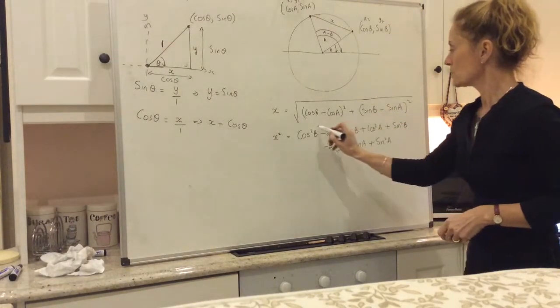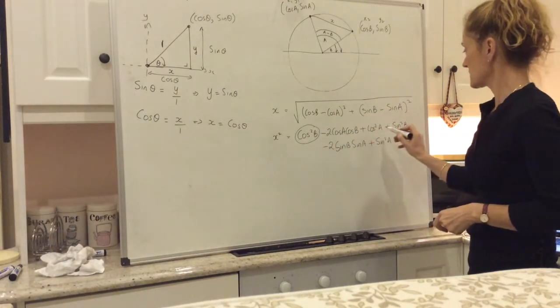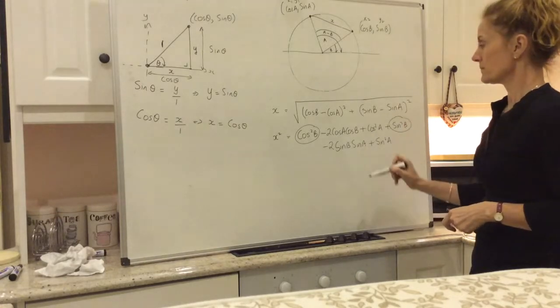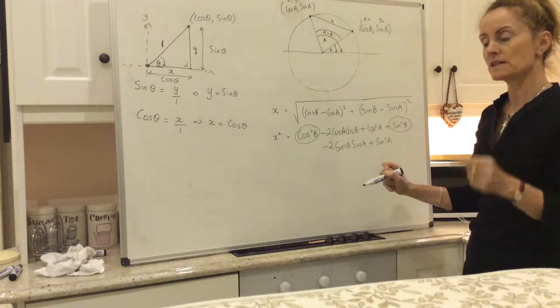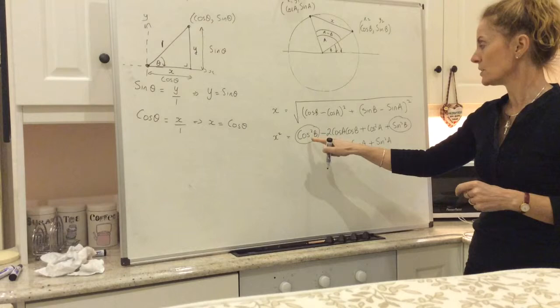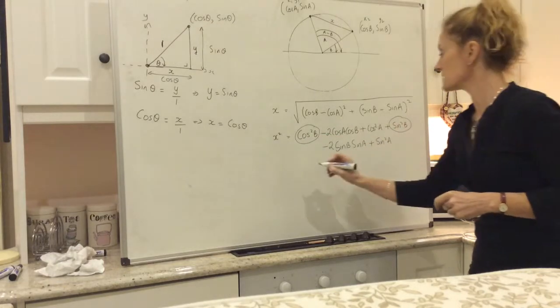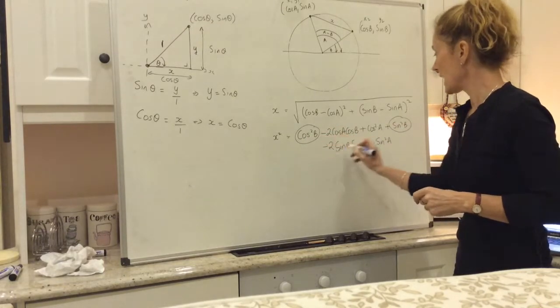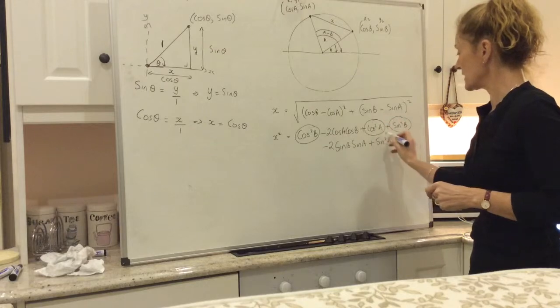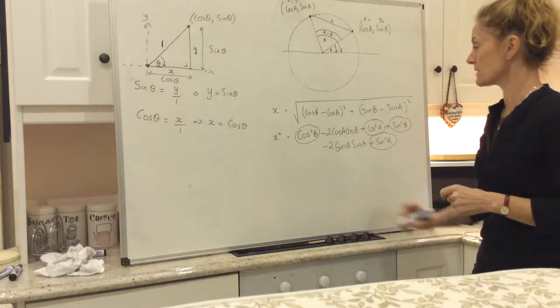Remembering our rule, sine squared theta plus cosine squared theta equals 1, cosine squared B plus sine squared B is equal to 1. And we also have cosine squared A plus sine squared A, so that's also equal to 1.